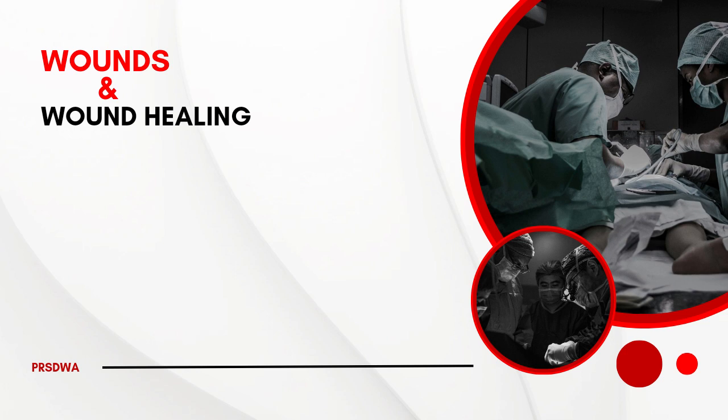Initially, the cells are centrally located in the blood flow, but as the viscosity of the blood increases, most of the cells will move to the periphery because the volume of the plasma has reduced due to the transudation that takes place. Some of it will go out into the interstitial tissue.